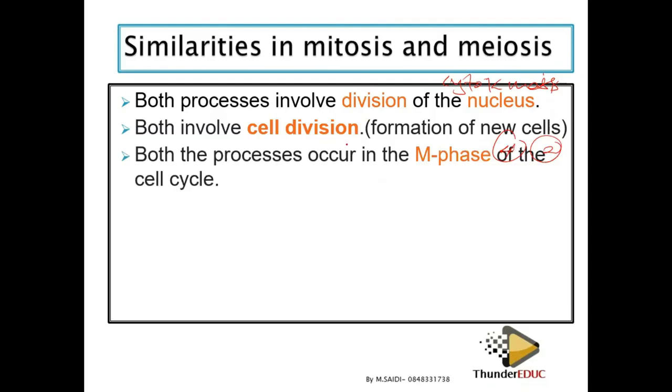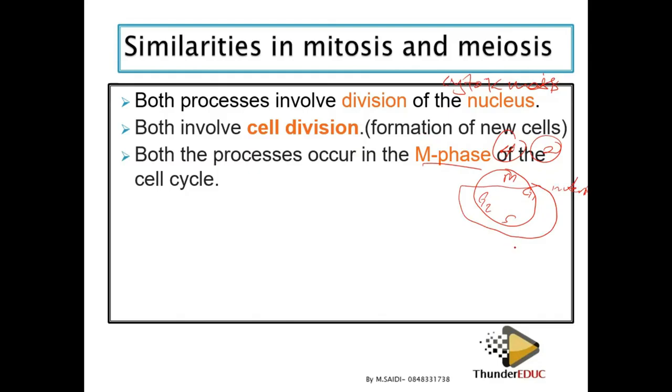Both processes occur in M phase. M phase is the phase whereby the cell starts to divide. The cycle is divided into M phase. You have the G phase 1, the S phase, and then the G phase 2. All this is interphase. That's why we say this is not a part of meiosis.